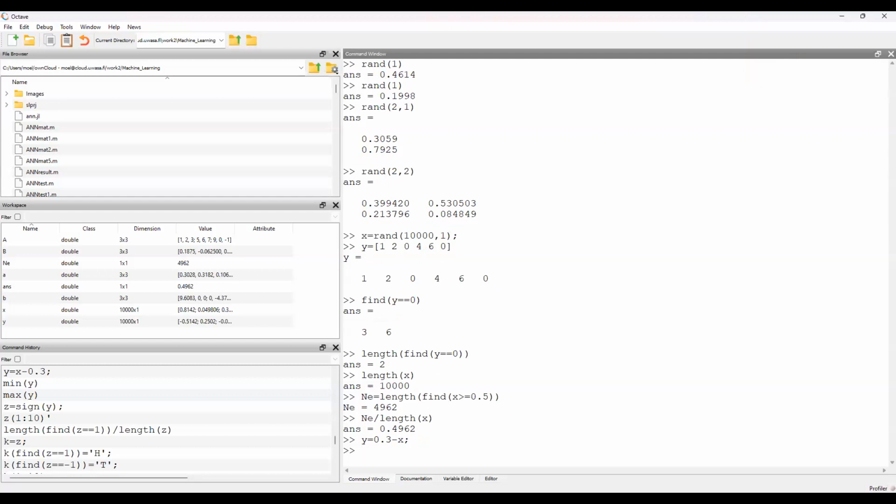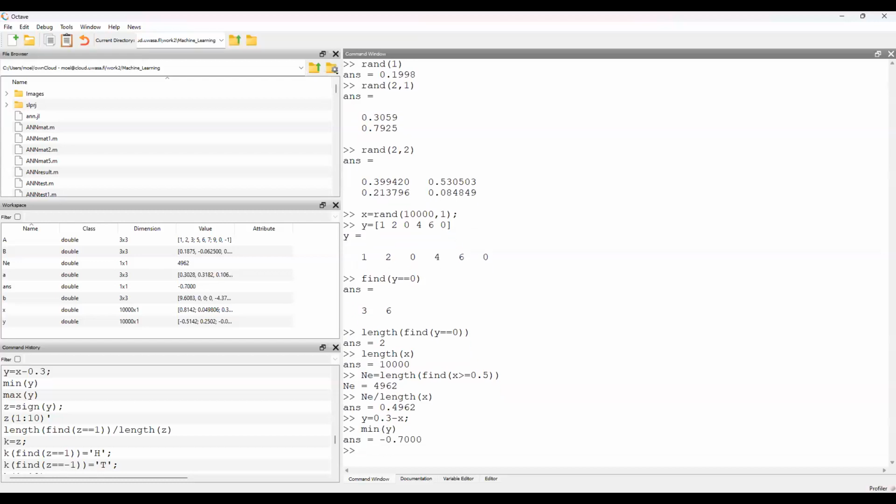Or what do you think? Or x equal to 1. So the maximum number of x, because we have the inverse sign, is 1. So 0.3 minus 1 equal to minus 0.7, isn't it? So the minimum of y equals minus 0.7. And the maximum number of y actually now becomes only 0.3.